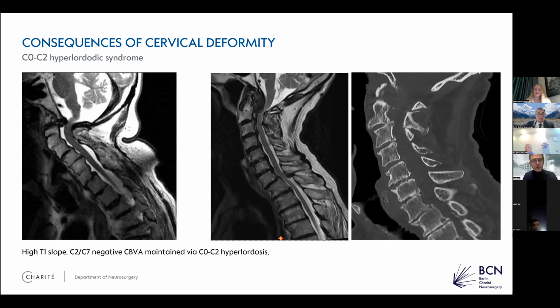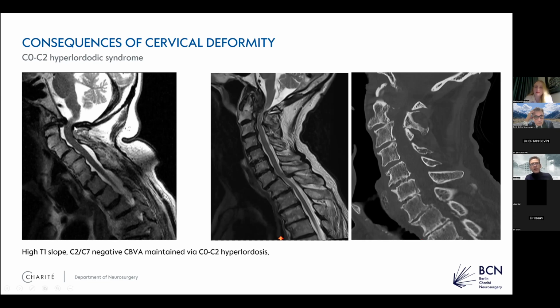And this is interesting, for example, in this disease entity, we call it a hyperlordotic syndrome of the axial spine. Patients which are in kyphosis at C3 to C7 might compensate with hyperlordosis, and this might lead to formation of a pannus or chronic inflammation. This might also be accompanied with some kind of pannus formation, although this patient had no rheumatoid arthritis.